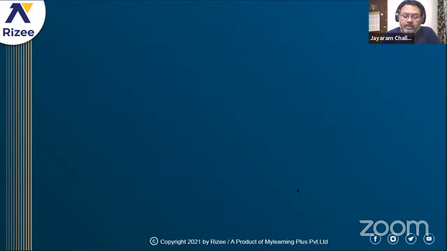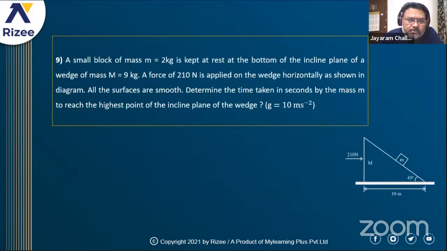Next one is a small block of mass m, which is 2 kgs, is kept at rest. That means initially it is in the rest position, at the bottom of the inclined plane, a wedge of mass 9 kgs. You are applying a force of 210 newtons, applied on the wedge horizontally as shown in the diagram. All the surfaces are smooth. Determine the time taken in seconds by the mass to reach.